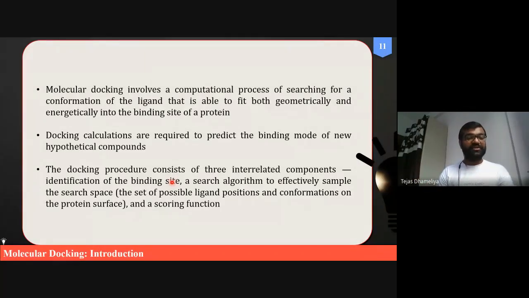So under these circumstances, our objective will be different. Prediction of the binding site will be a little tricky for a macromolecule, because proteins are not small molecules, they are macromolecules. And then we need to identify a search algorithm for effectively sampling the search space, and that will include the conformational search.